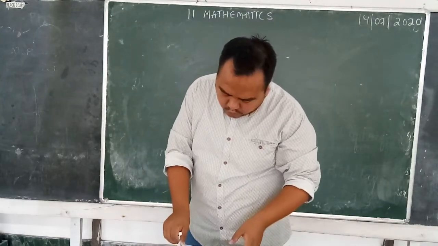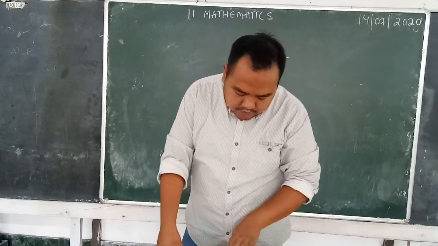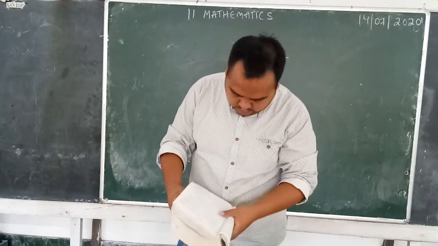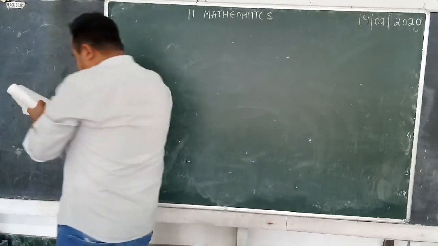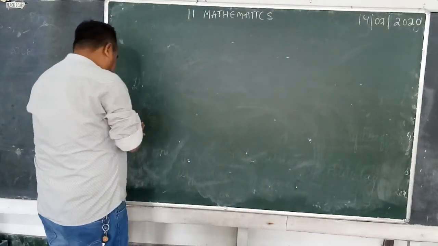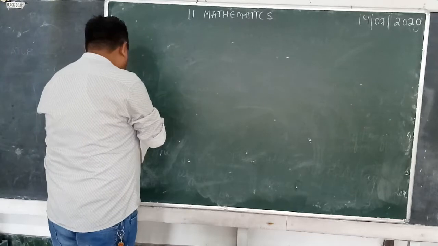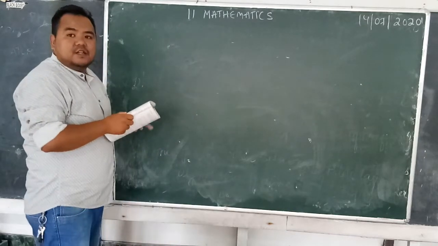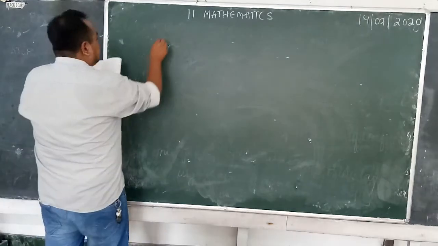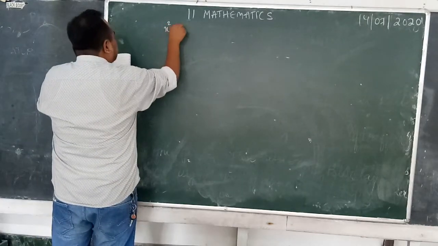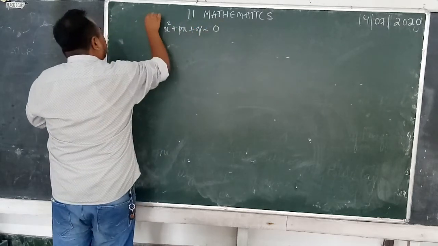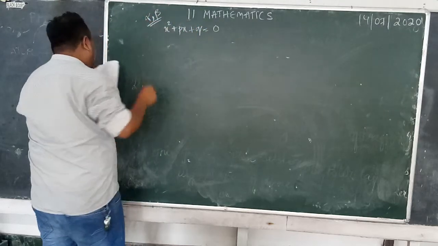Now look at type 2. I'm going to do one difficult question on type 2. The question is question number 10. If alpha and beta are the roots of the equation x square plus px plus q equal to 0, it is given that alpha and beta are the roots of this equation.